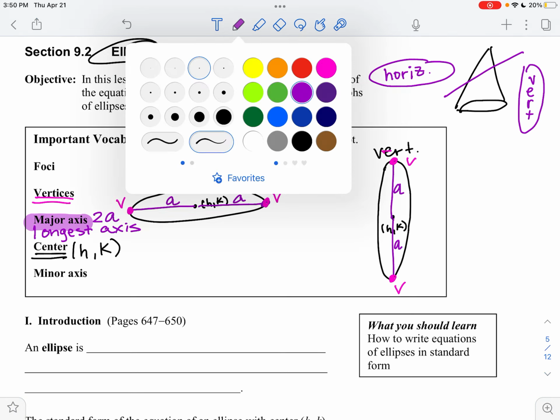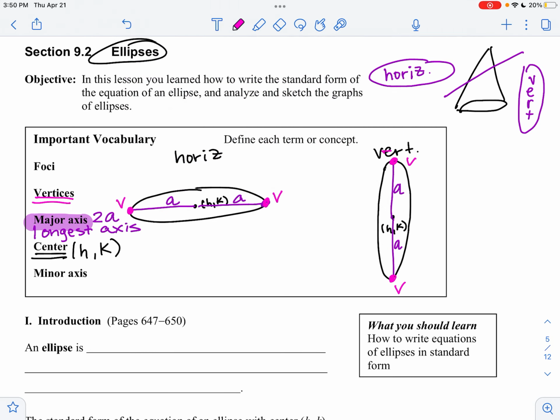So that means our vertices on the horizontal direction are going to be h plus or minus a comma k, and for the vertical direction they're going to be h comma k plus or minus a. Okay, so that's how we're going to find both of those vertices depending on which one it is.